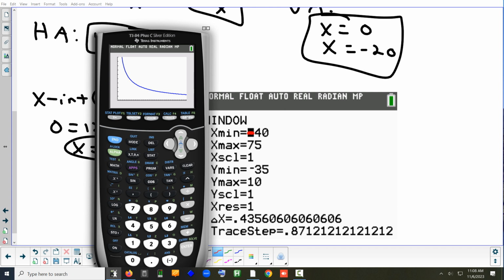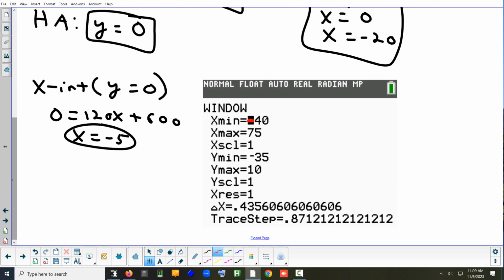But the time will never reach what? 0. It can't reach 0. It's impossible, even if it was 500 miles an hour, because that's an asymptote. And realistically, you can't do something in 0 amount of time. All right, any questions on the window?